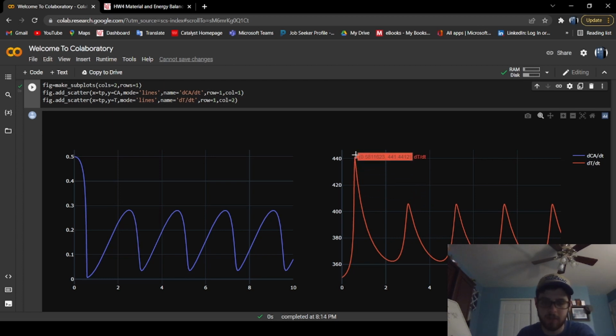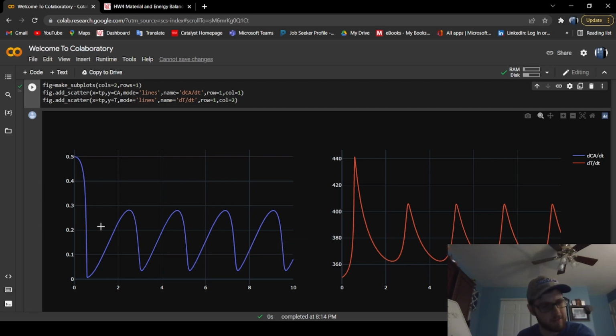Because you'll notice in less than 30 seconds, it goes all the way from 350 Kelvin to 400 Kelvin, which is, I'm not going to try to convert to Fahrenheit, but that is a lot of temperature difference, and this is how explosions occur with exothermic reactions.